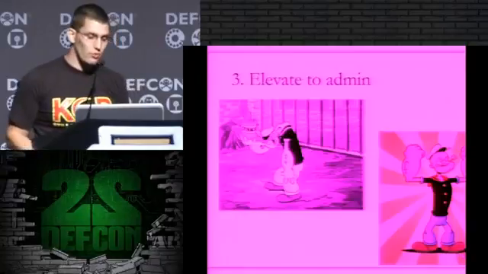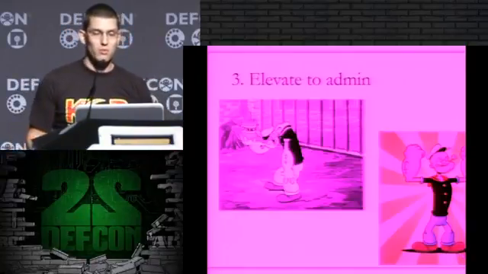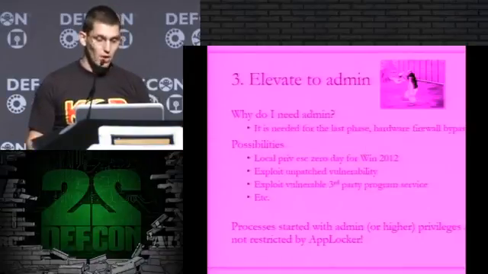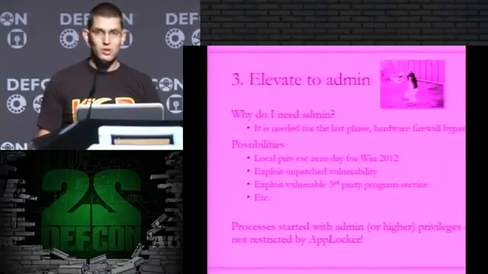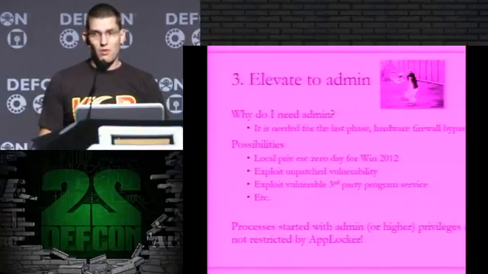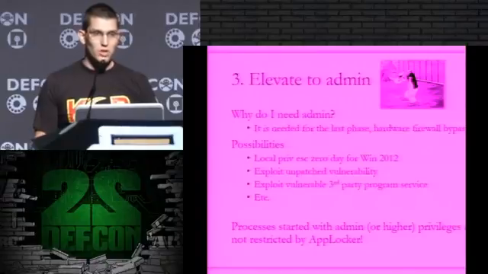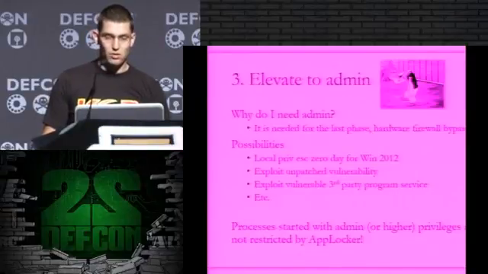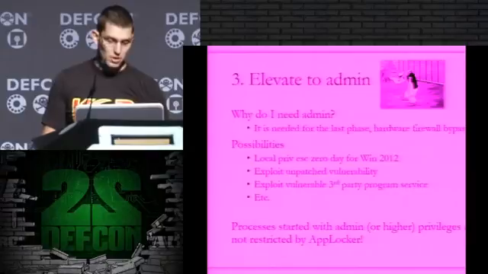All right, now the first step: I had to elevate my privileges to administrator level, because I will need it for the fourth step. You will see why. And there are a lot of different possibilities for how I can achieve this. For example, if I have some zero-day privilege escalation exploit, then I can use that. Or if the server is unpatched, then I can exploit that unpatched vulnerability.